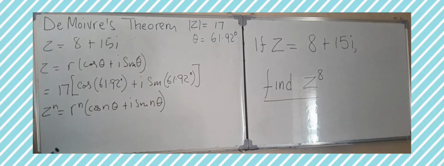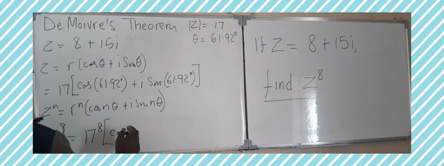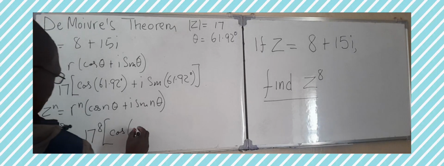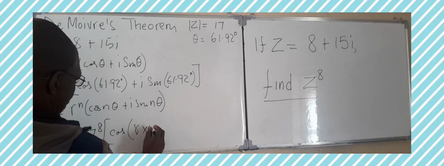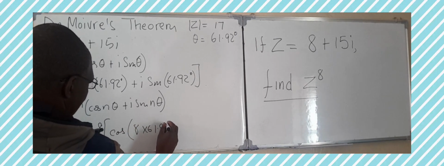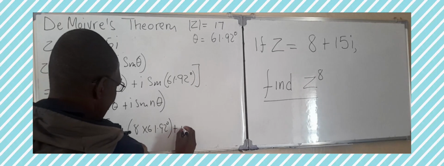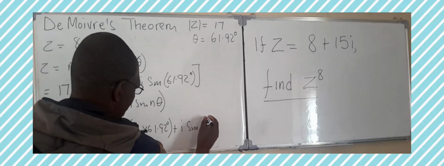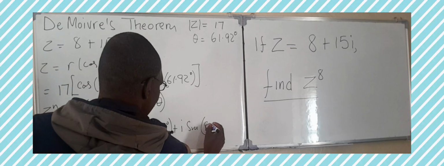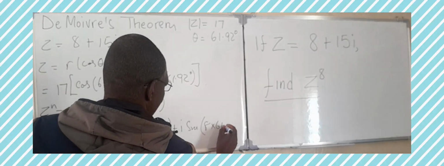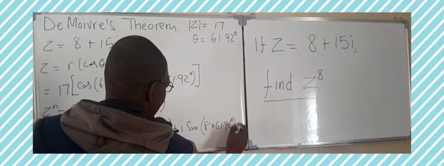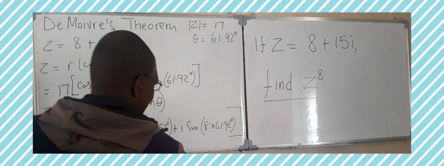So we just plug in the values and say Z to the power 8 is equal to 17 raised to the power 8, big bracket there, cosine of 8 times 61.92 degrees plus I sine of bracket 8 times 61.92 degrees, close bracket, and our big bracket there.